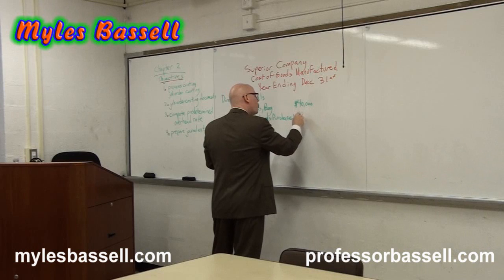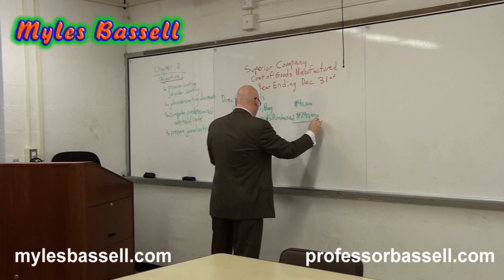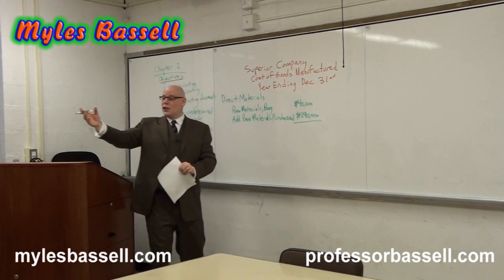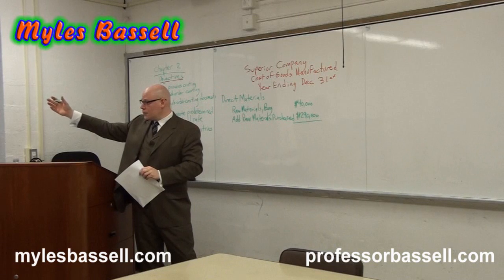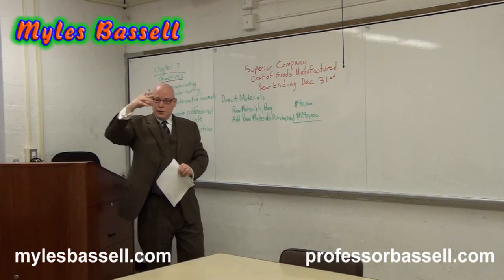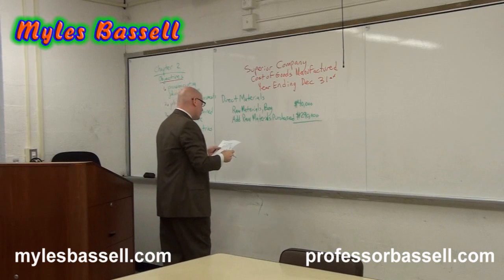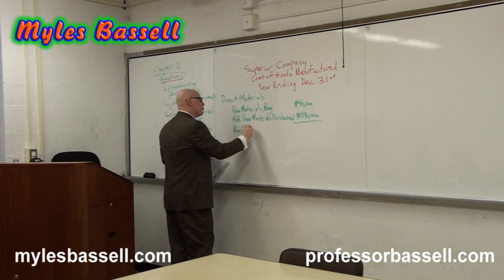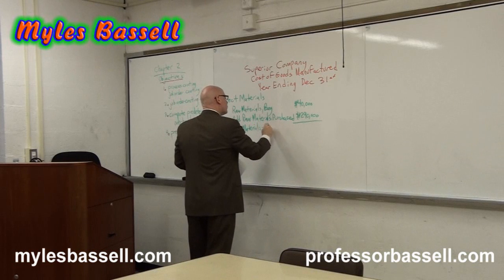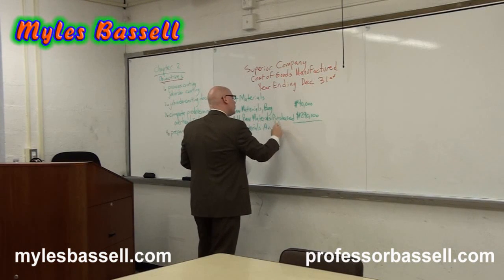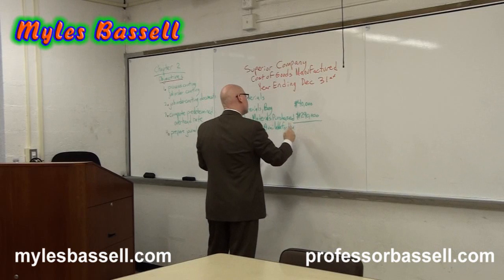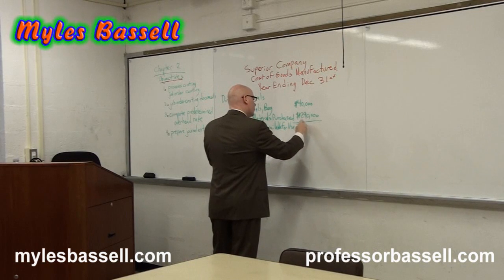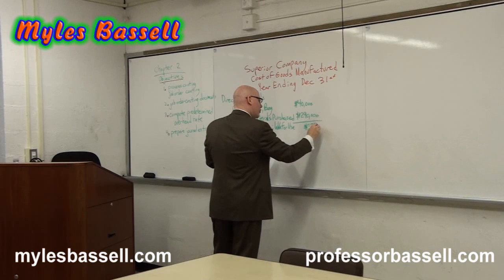We purchased $290,000 worth of raw materials because we're anticipating orders from Target, Bed Bath & Beyond, Kmart, Walmart, and that tells us the raw materials that are available for use, which is 330,000.